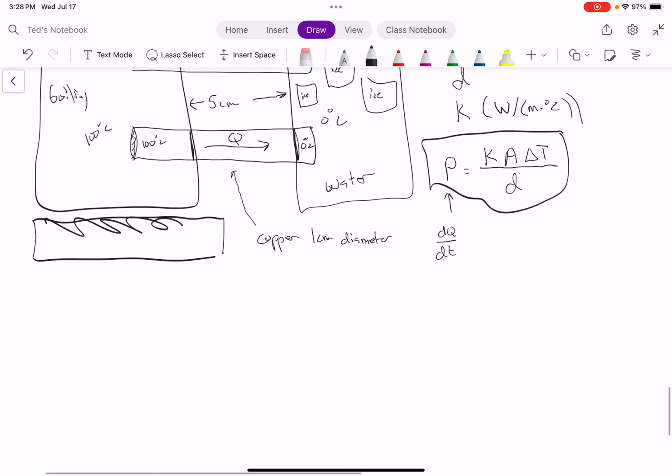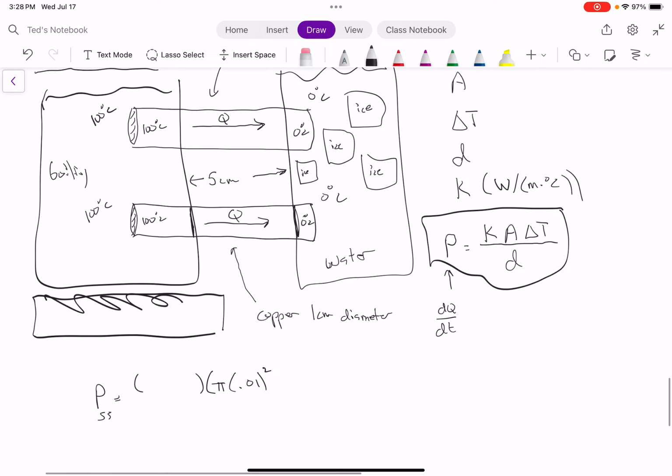Okay, so the power is going to be the thermal conductivity, and let's do the power for the stainless steel first. It's going to be the thermal conductivity times the area of the rod, and for this that's going to be pi r squared, so pi times 0.01 squared.